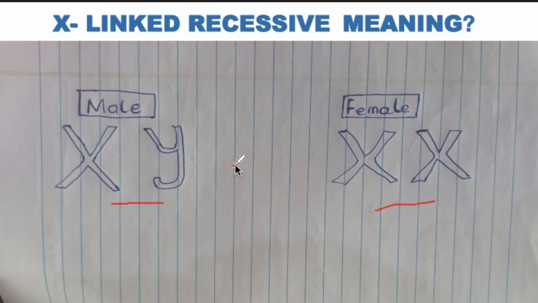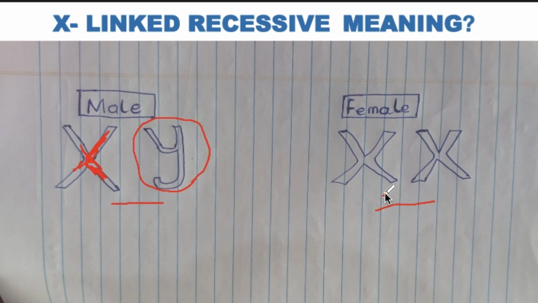Provided there is a mutation on the gene for the X chromosome in males, and this mutation is responsible for G6PD deficiency, then it is clear that there will be no backup X gene to compensate for this faulty X gene, as the remaining chromosome of the pair is a Y.